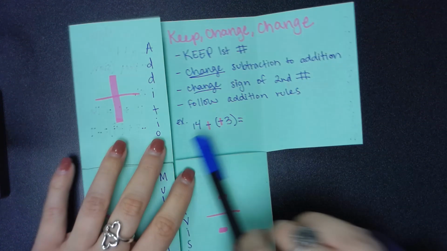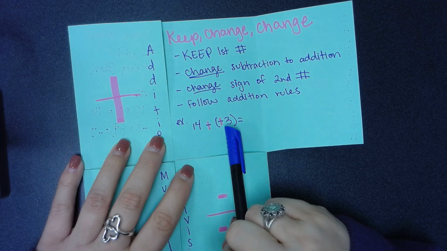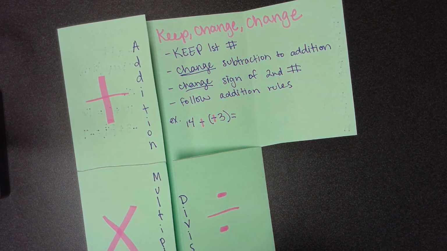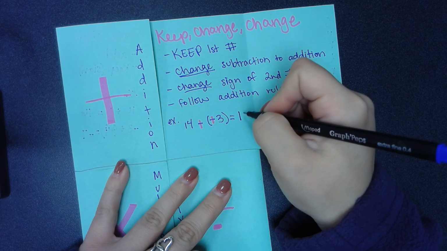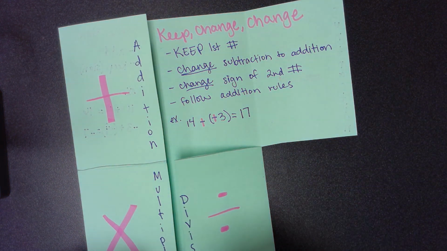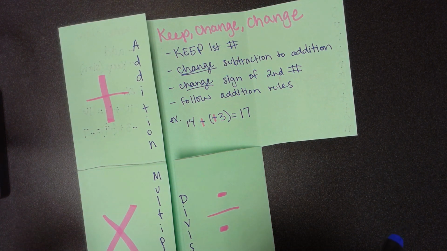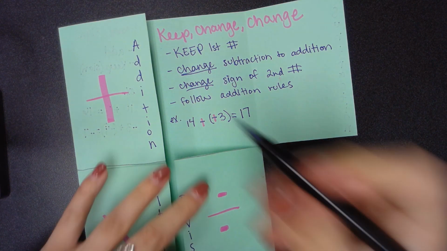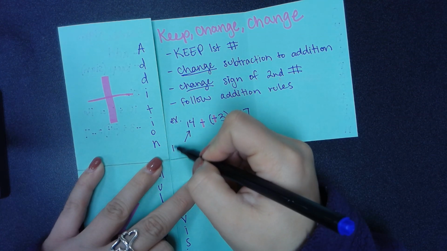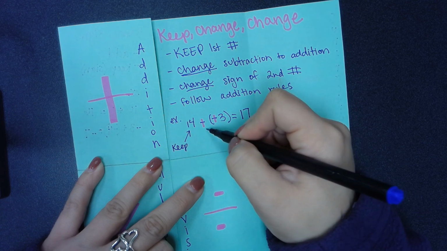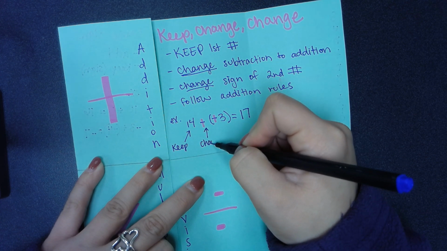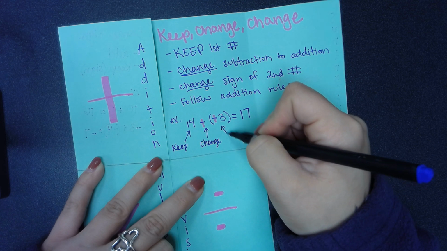Now my problem shows 14 plus +3. So that's just 14 plus 3, which is 17, because that's how we follow the addition rules, right? They have the same sign now. And then I'm done. So again, what we did here was we kept this one, keep, change, change.